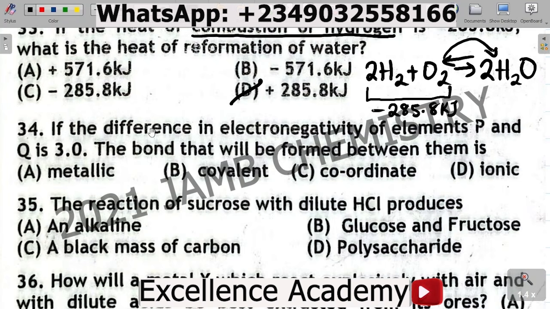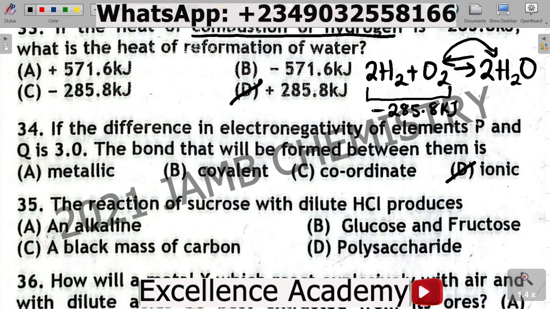34. If the difference in electronegativity of elements P and Q is 3.0, the bond that will be formed between them is A. Metallic, B. Covalent, C. Coordinate, D. Ionic. Now for this question, the correct answer is D. Ionic.